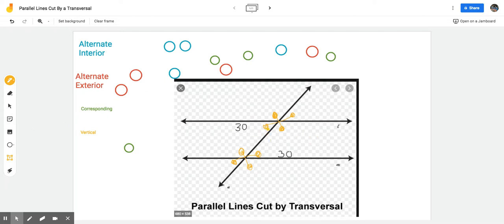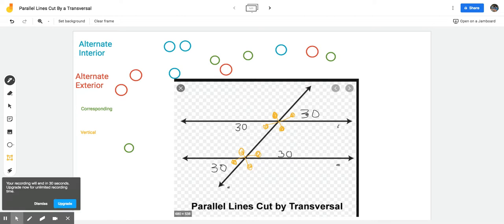So let's just go back to the fact that I randomly put 30 here. So if this is 30, then I also know, because of vertical angles, that this is 30, okay? If this is 30, I know because of vertical angles, that's a really good justification, that this is 30. Well, what's cool is that I've created angle pairs, and now I can look at all my others, and so I know that the ones beside it have to give me a sum total of 180.